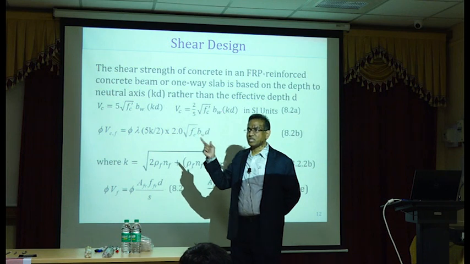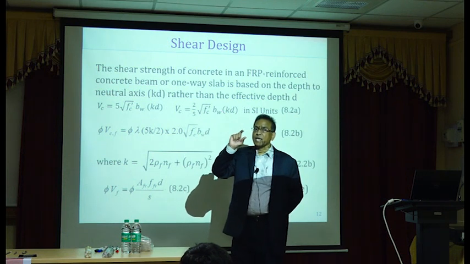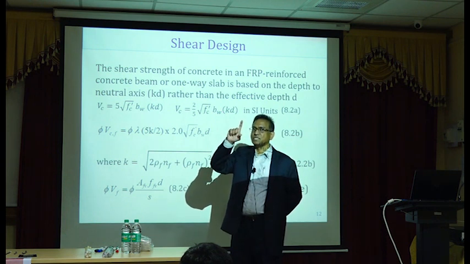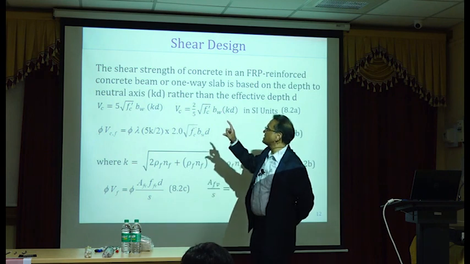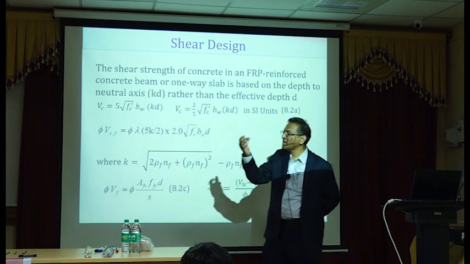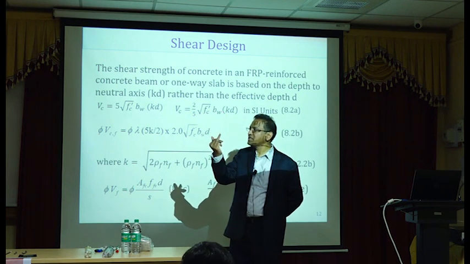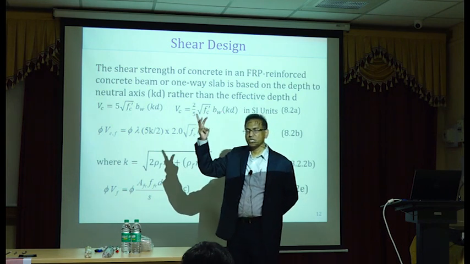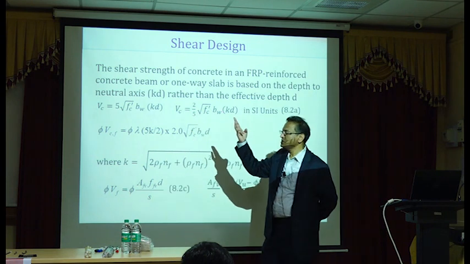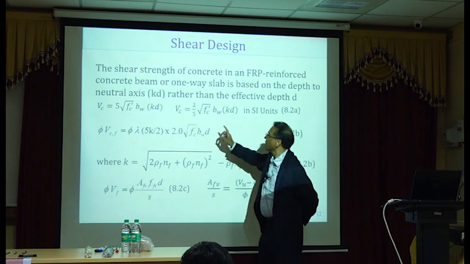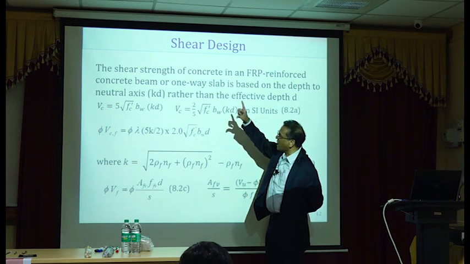By our notation, what is kd? kd is the depth to the neutral axis under the cracked, transformed, elastic section property. So your kd is based on that.